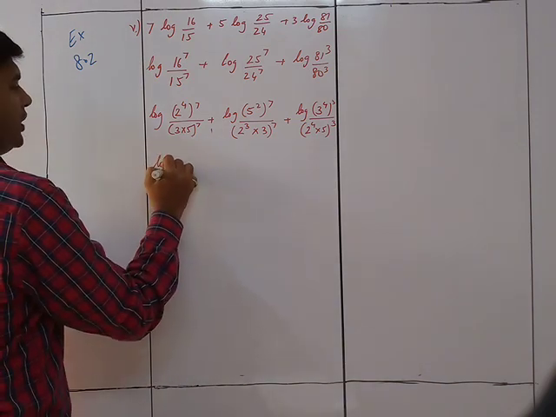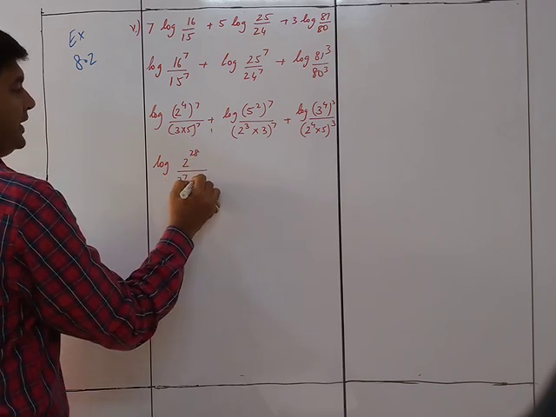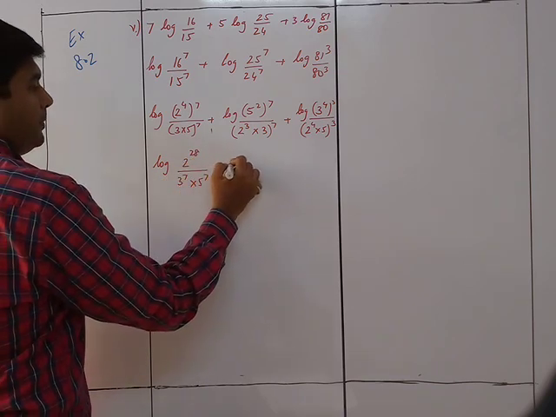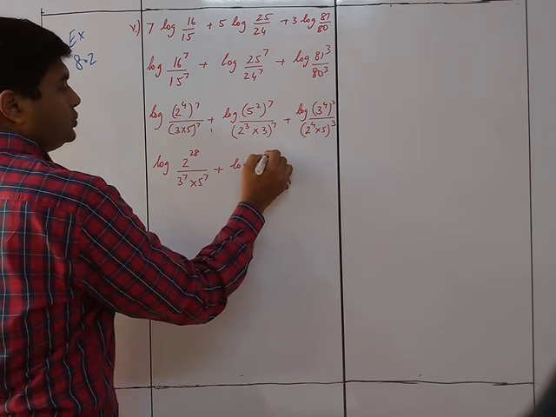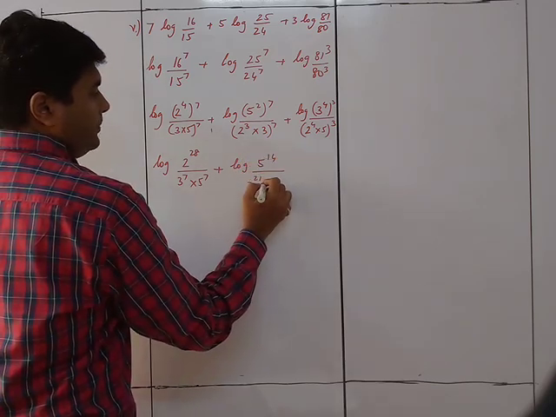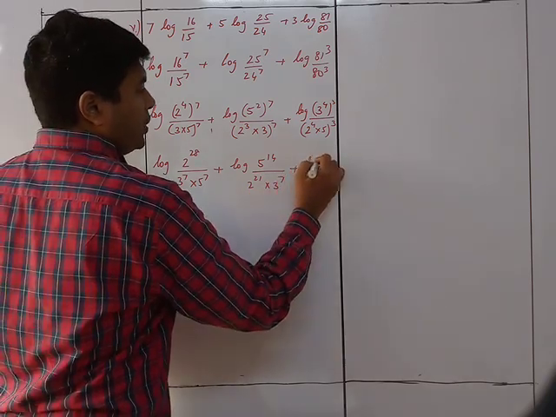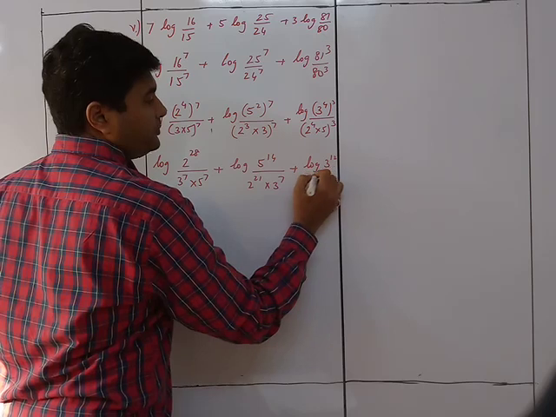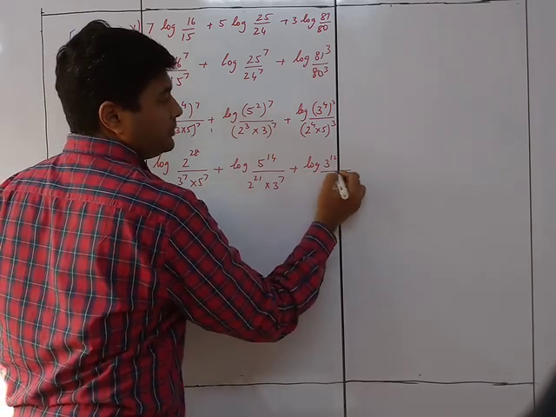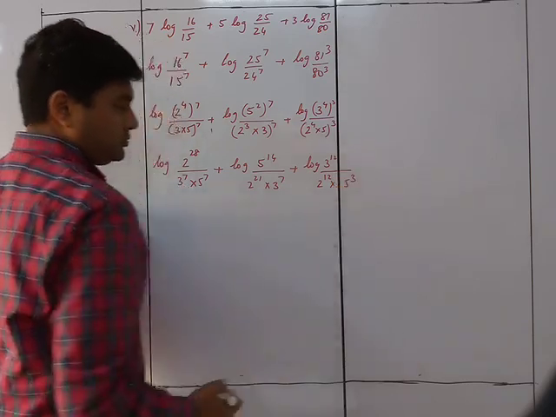That makes it log of 2 raised to 28 upon 3 raised to 7 into 5 raised to 7, plus log of 5 raised to 14 upon 2 raised to 21 into 3 raised to 7, plus log of 3 raised to 12 upon 2 raised to 12 into 5 raised to 3.